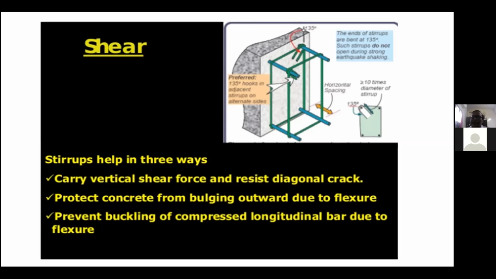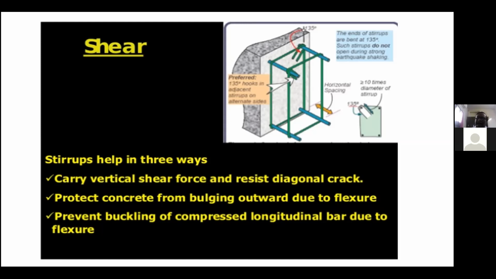So at the construction site, you have to be very careful and ensure that whenever you receive a drawing, you provide a 135-degree hook for all the stirrups, in both beams and columns.